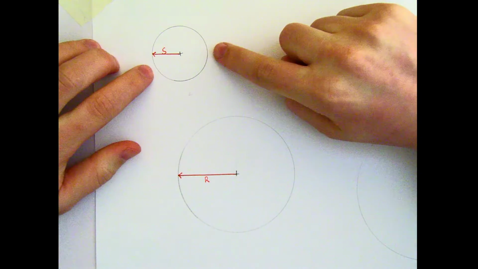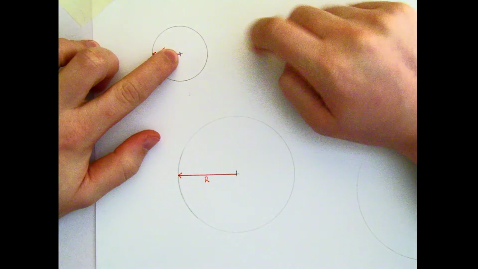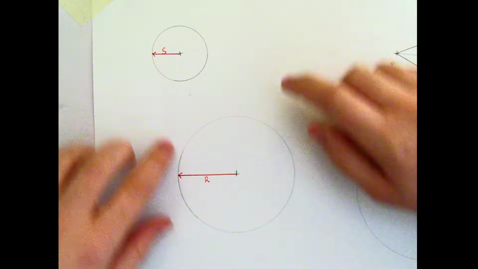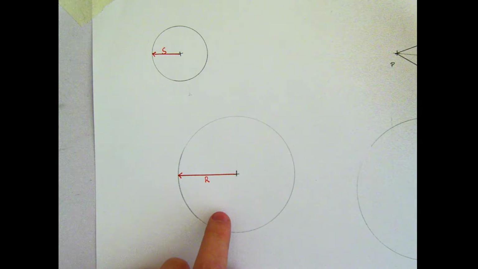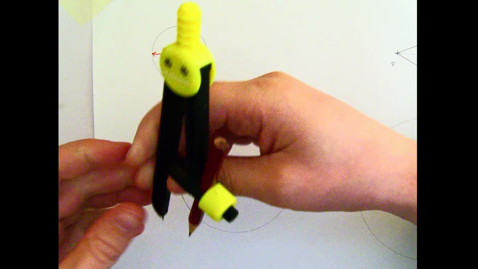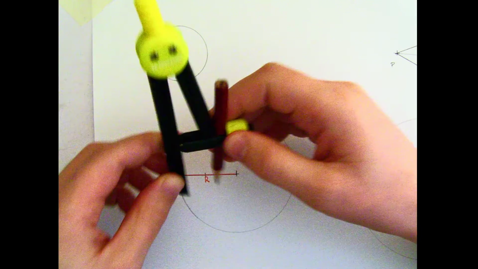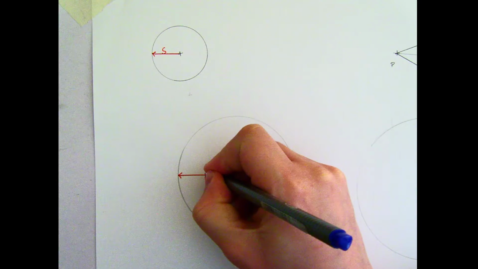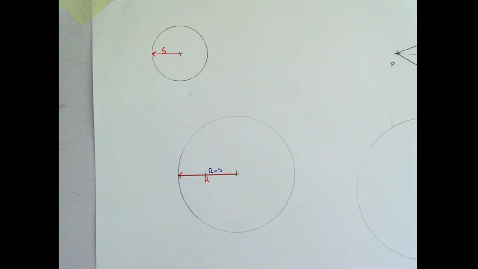So if I take circle S and I reduce that size down, I'll be left with a point. If I do that to one, I need to do the same thing to this one. So I'm going to reduce the large circle down by the radius of S. If I measure the radius of S and mark it here, this distance is now r minus s, and that's the size of the circle that I'm going to draw.